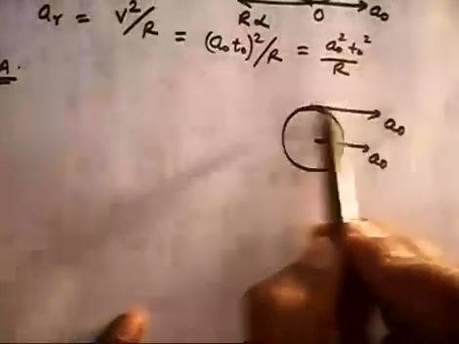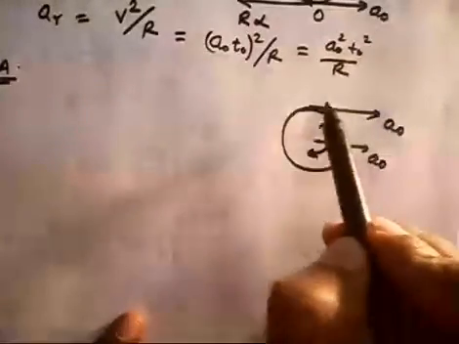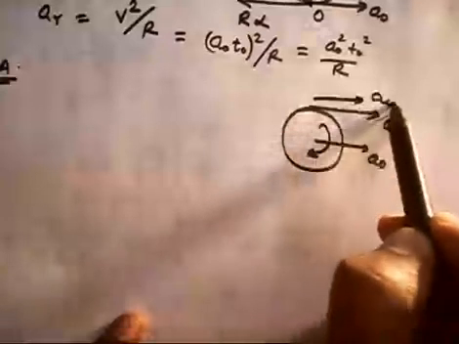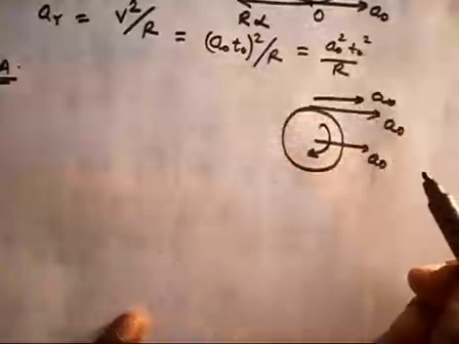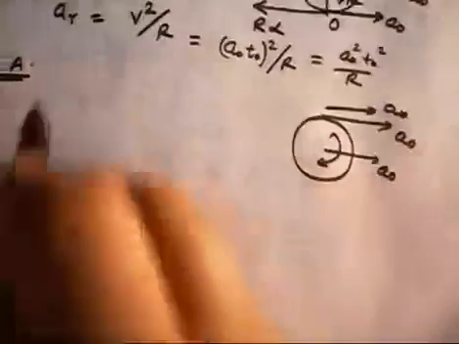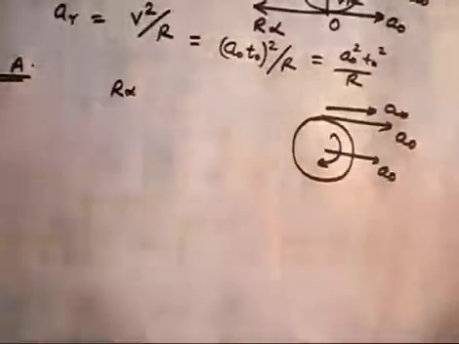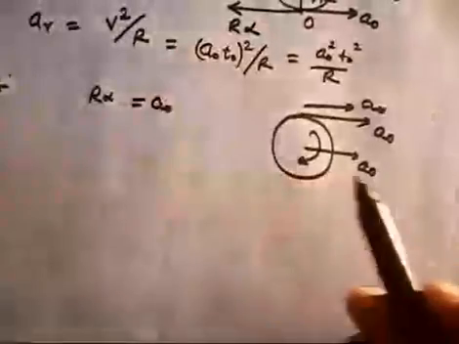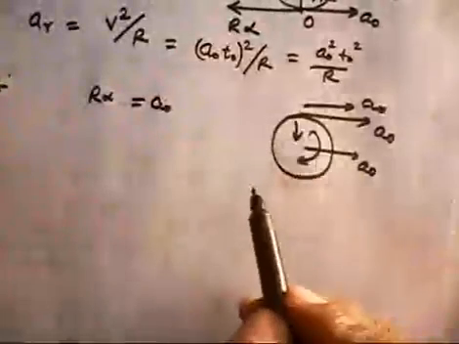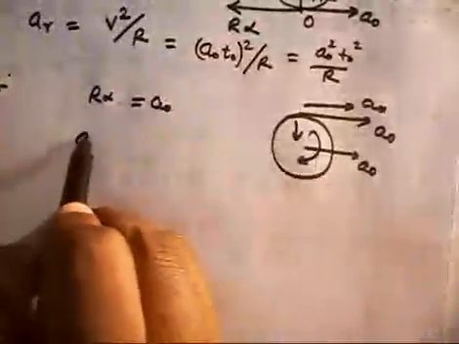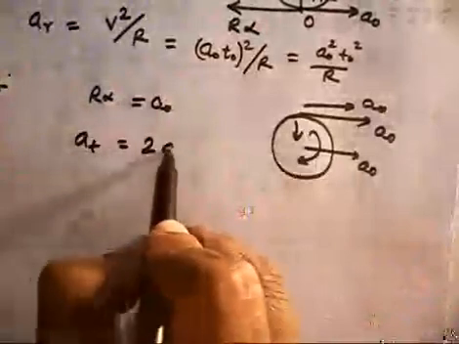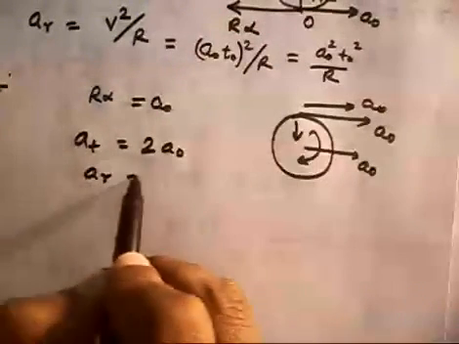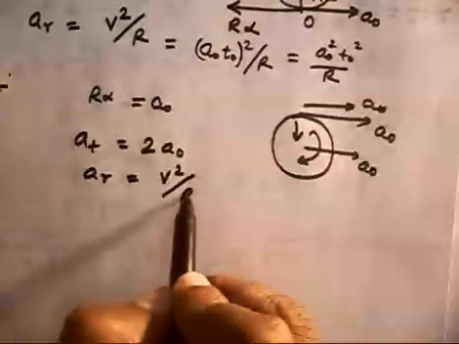Now r alpha will be the same. This is rotating in this way, so r alpha will also be in this direction. And r alpha, I know, is equal to a naught, so in this direction, and one acceleration we will have v square by r. So I can write tangential acceleration is 2a naught, radial acceleration is v square by r.